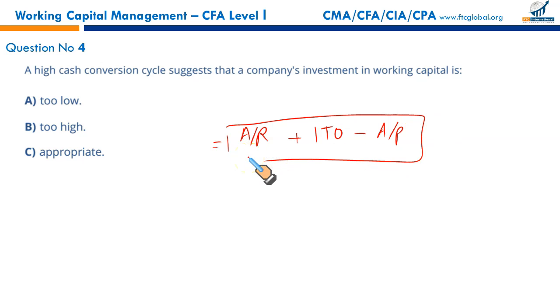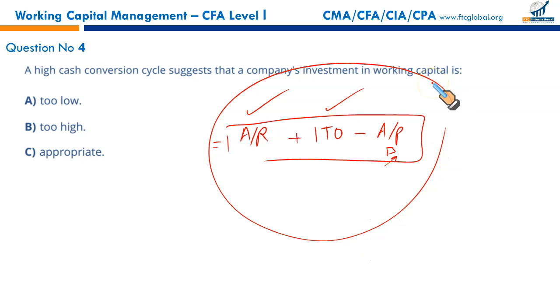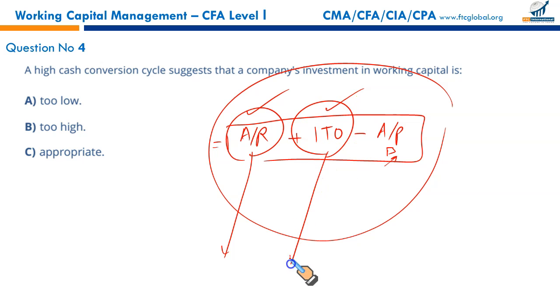If it takes more days to convert to cash, more time for account receivables, more time for inventory to turn, and you pay your accounts payable quickly, then your cash conversion cycle will be longer. So a high cash conversion cycle suggests that in working capital, you hold more account receivables, you hold more inventory for more number of days, and you pay your payables quickly.